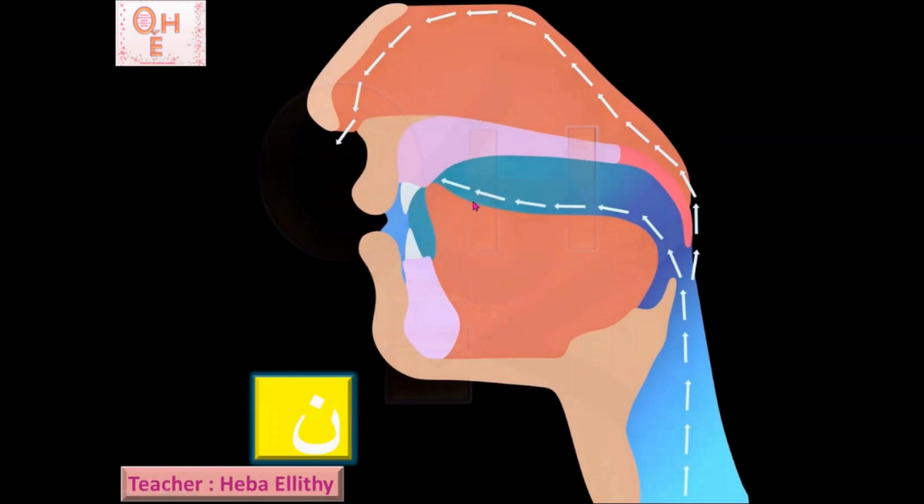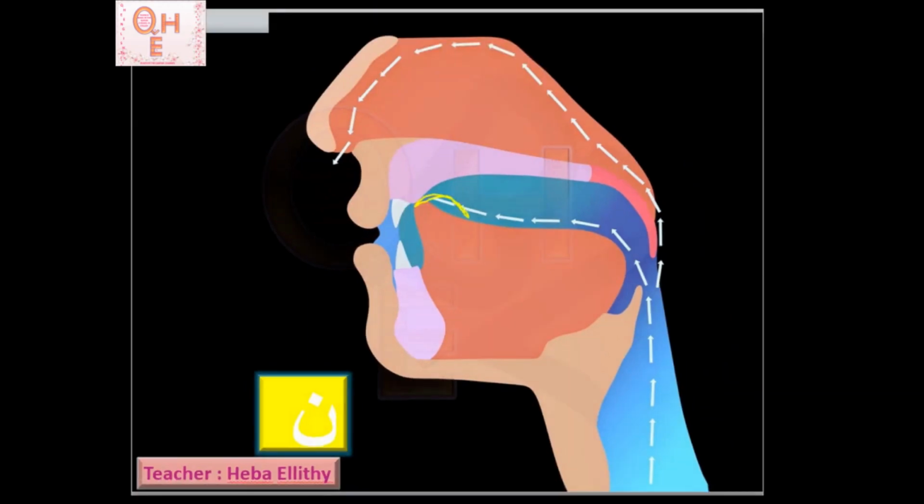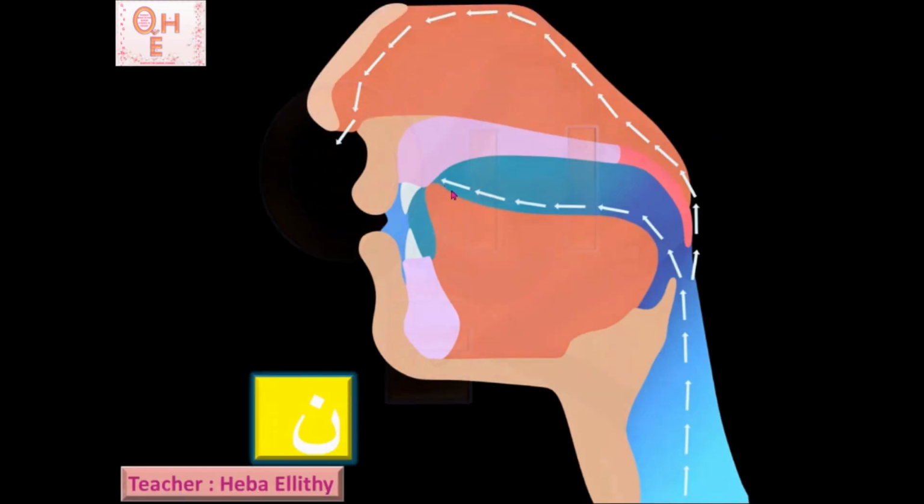Your tongue hits this gum, like you see. What they did is they put this part up. Wrong. All your tongue should be back, nothing up except the tip of the tongue hitting this area. This is the first mistake.